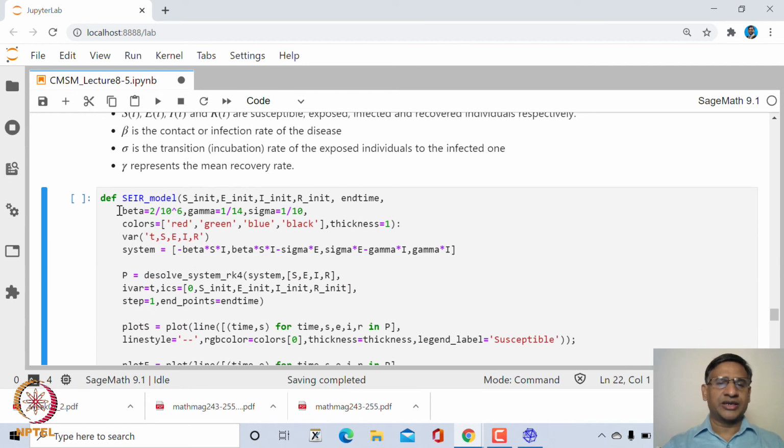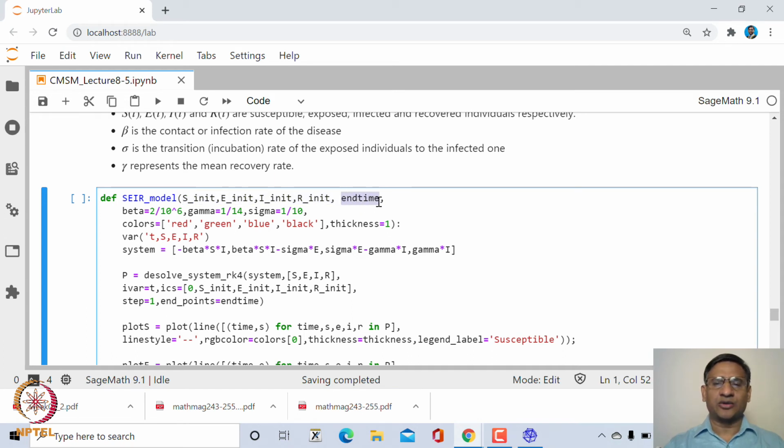We are making a user defined function, namely SEIR underscore model, and we are giving the initial population, that is initialize S, E, I and capital R, and also define the end time.